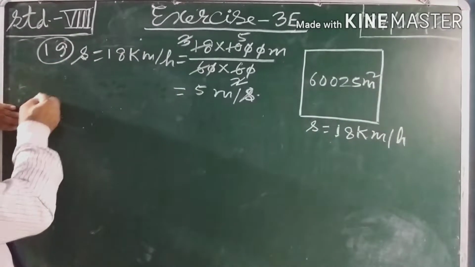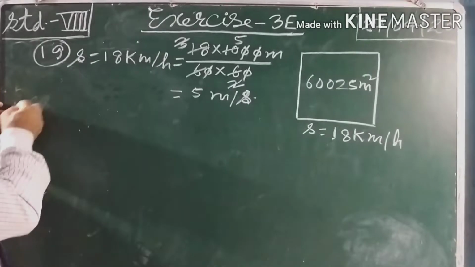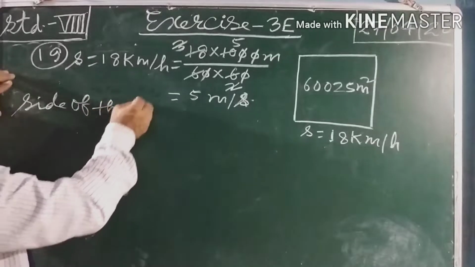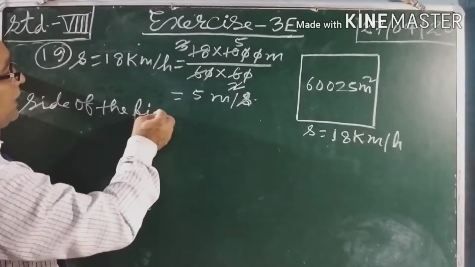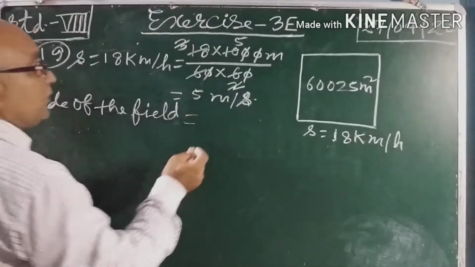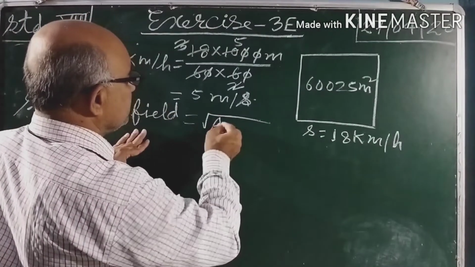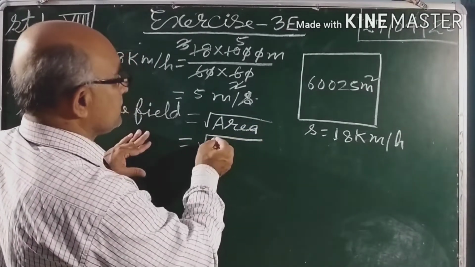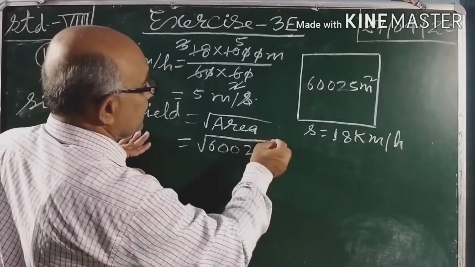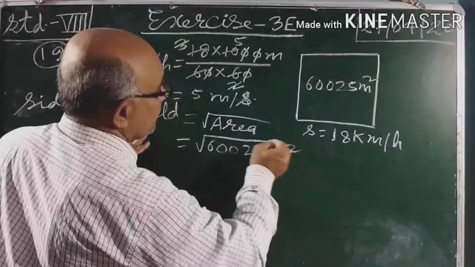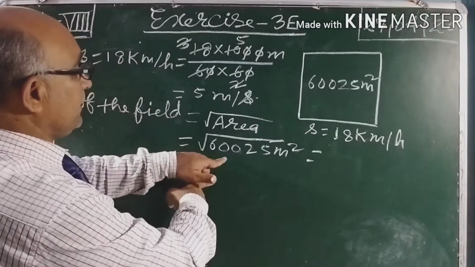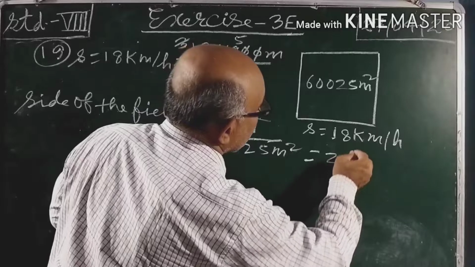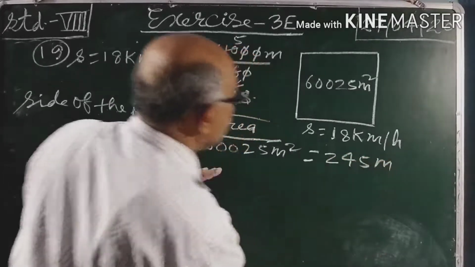Now first of all, find the side of the field. Side of the field is equal to under root area. So the area is 60,025 meter square. Find the square root of 60,025 meter square, which is 245 meter.